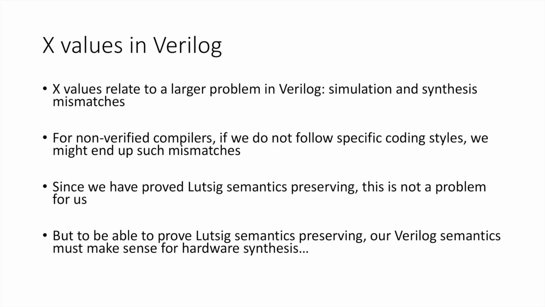So for non-verified compilers, if you do not follow specific coding guidelines, you may end up with such mismatches. But as Lutsig is semantics preserving, we know that this is not a problem for Lutsig. But to be actually able to prove this, we need Verilog semantics that make sense for hardware. So let's look into X-values.